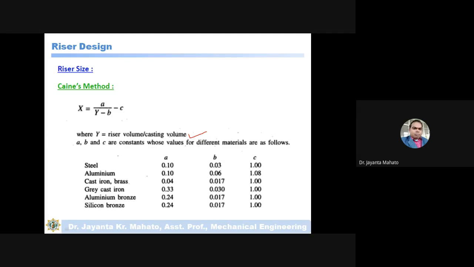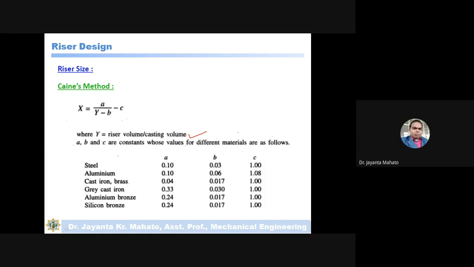In case of aluminum, A is 0.1, B is 0.06, and C is 1.0. These are the standard values of A, B, and C.